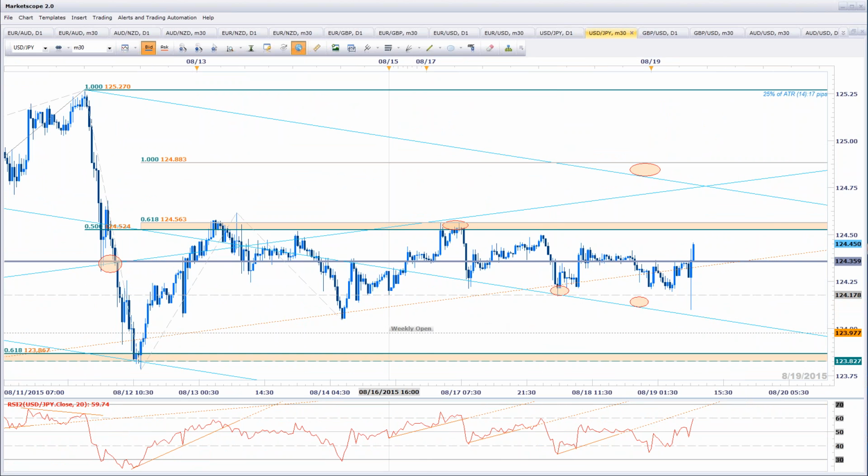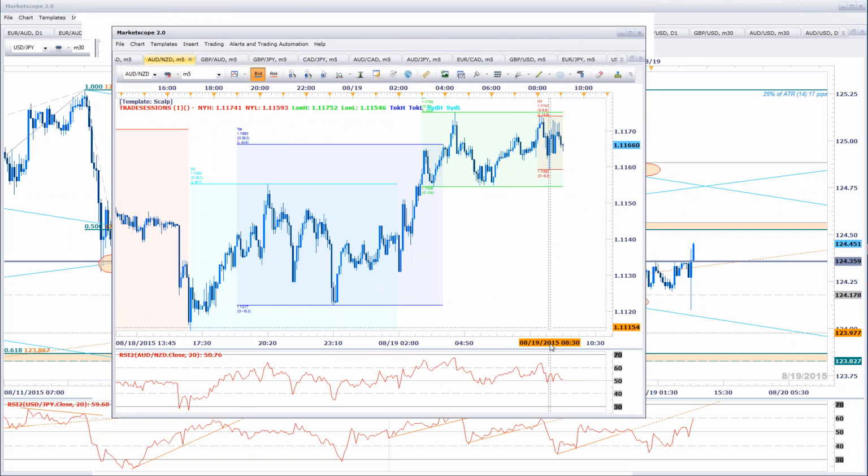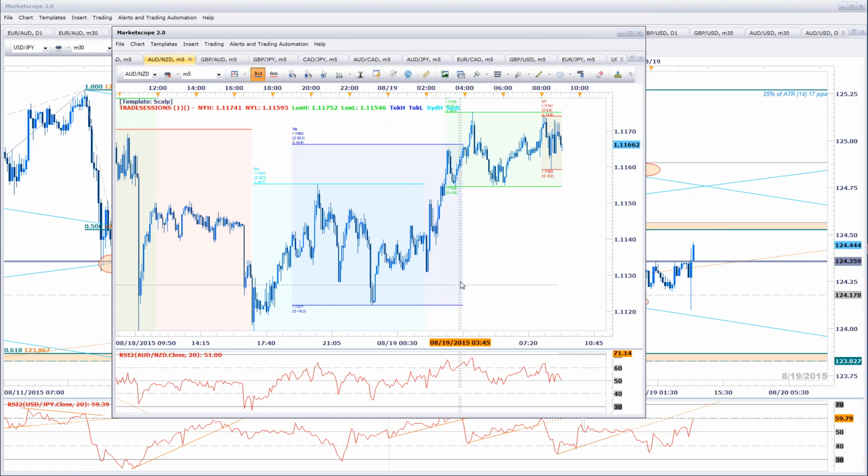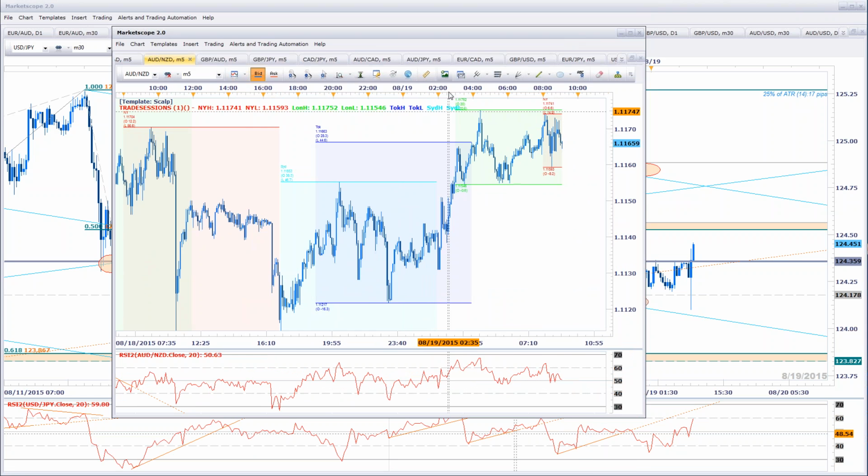Graham says Aussie Kiwi short trigger right now. So we talked about that divergence that you're getting into the highs. Really wouldn't work with that short trigger. You could work with this short trigger here.